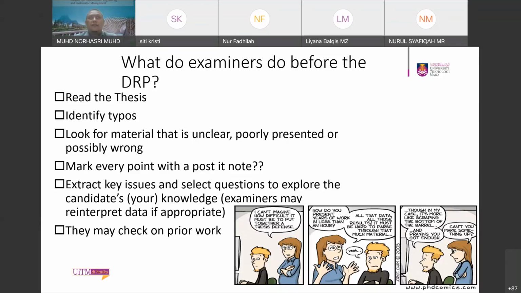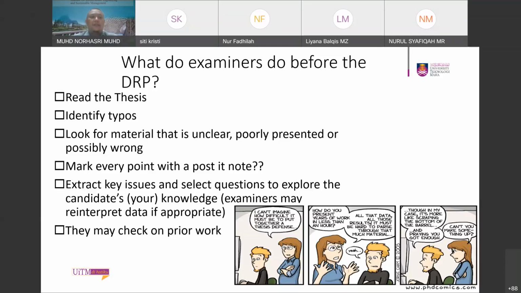So that's why the first thing that I always remind and share with my students is identify typos. Because this is the first thing that your panels see, what is your intention or your seriousness as a PhD or master student.